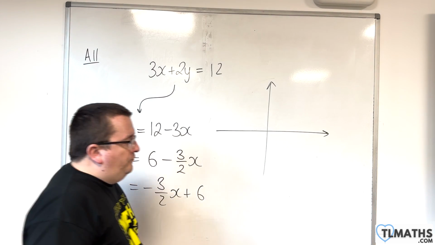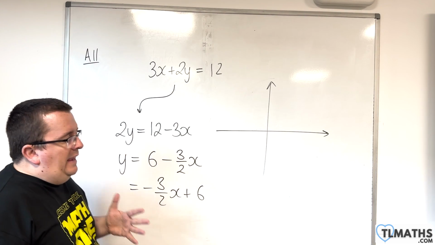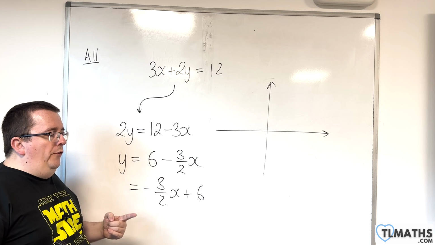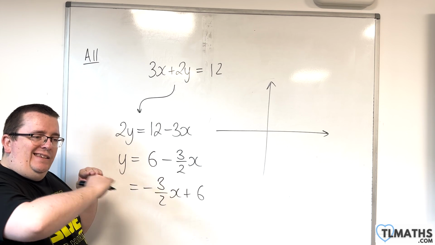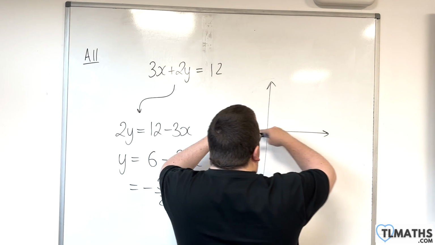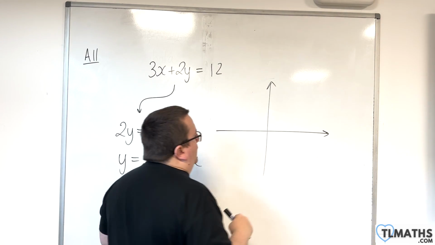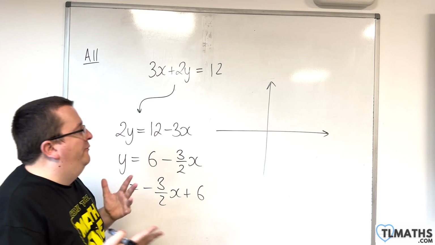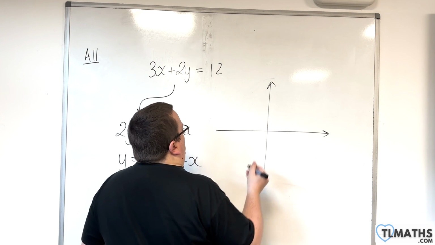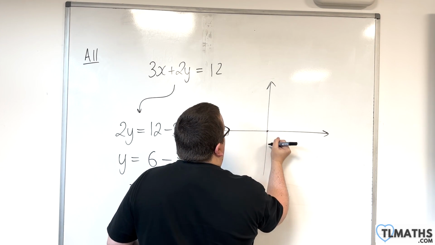So the first thing is to remember what the equation of the x-axis is. So what is the equation of the x-axis? It's not just the x-axis, it actually has an equation for that line. So this point here, for example, is 0, 0.